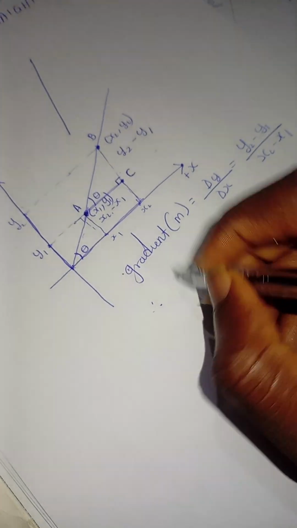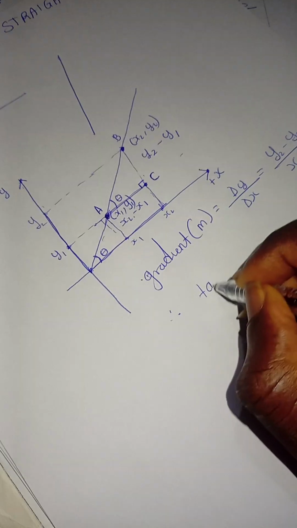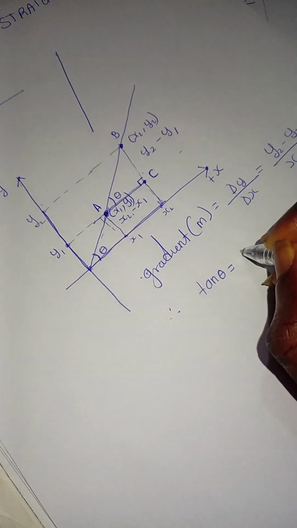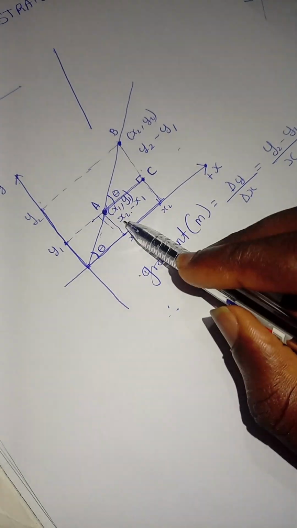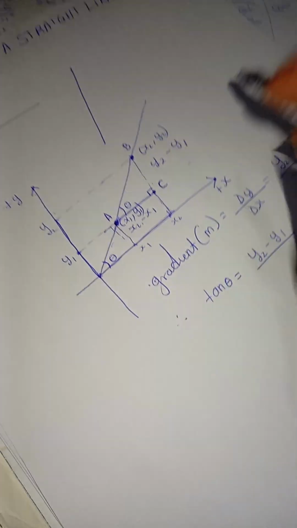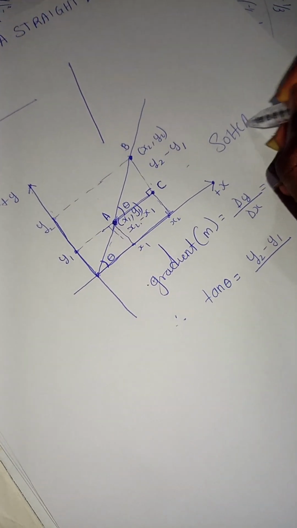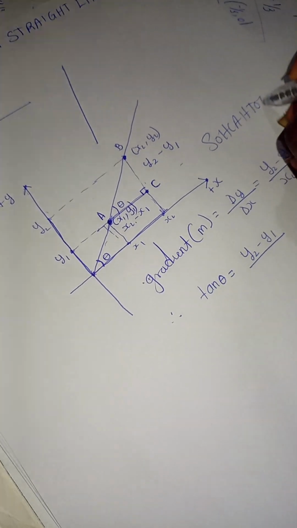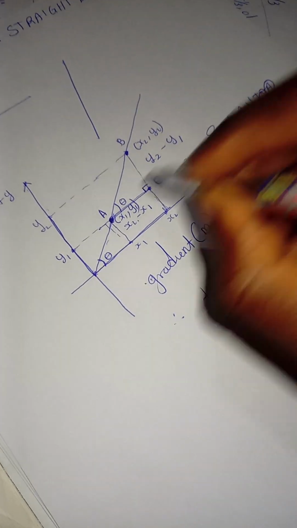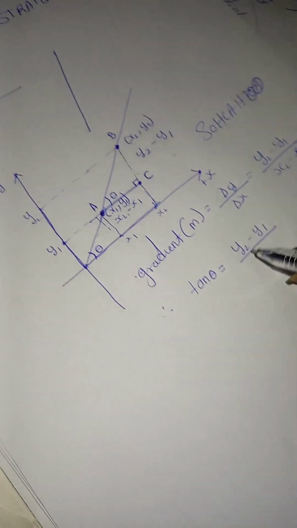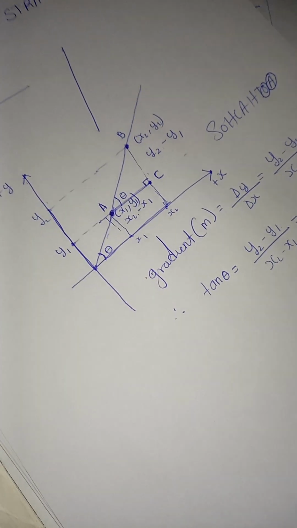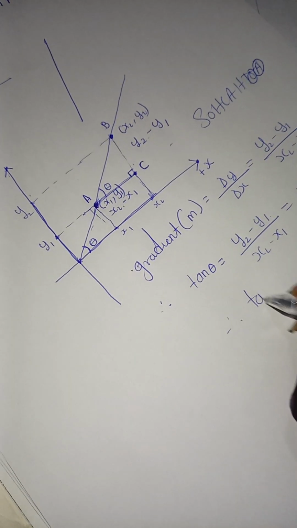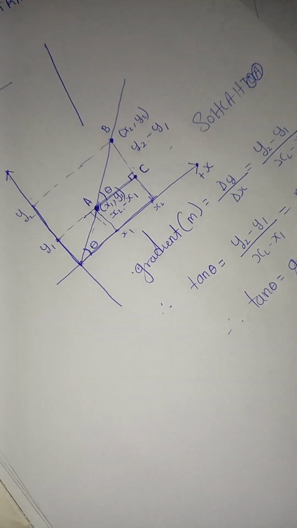So I can say that tan theta is equal to opposite over adjacent. This is my opposite, this is my adjacent. So y2 minus y1 all over x2 minus x1, which is still equal to m. So that's why you hear the common saying that tan theta is equal to gradient.